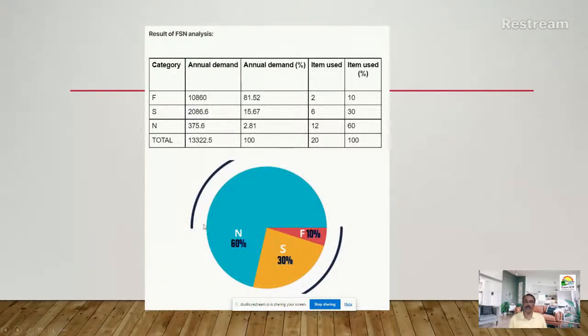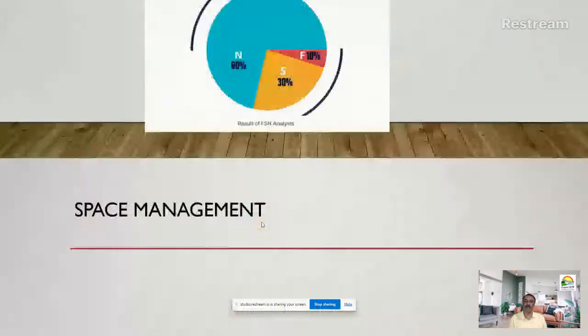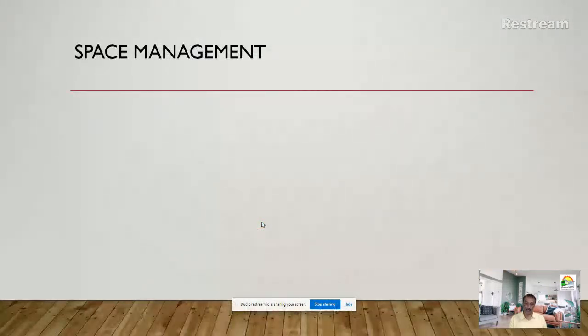You can see in the pie chart, the fast moving can be only 10 to 20%, whereas slow moving can be roughly around 30 to 40%, whereas the non-moving item may be in the majority area, but still you cannot avoid it. But maybe you have to see how you can minimize this.